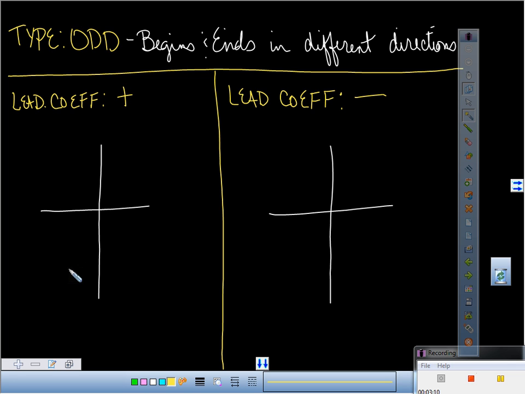So he's going to look something like this. Okay? Now look. Is he odd? Oh, yeah. He begins and ends in different directions. Okay? Is his leading coefficient positive? Yes, because he ends up going up. Okay? You see how that makes sense?